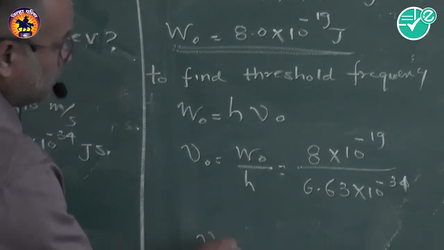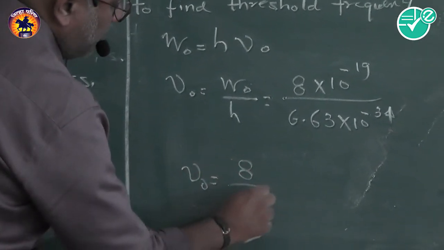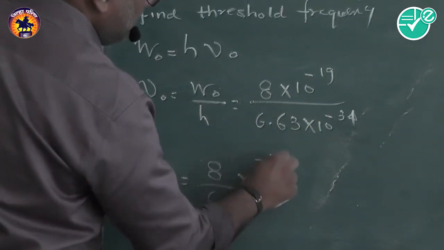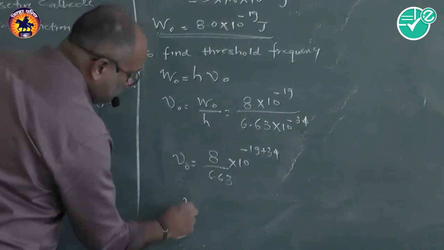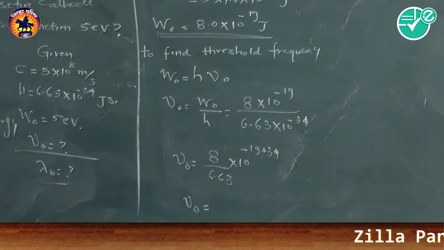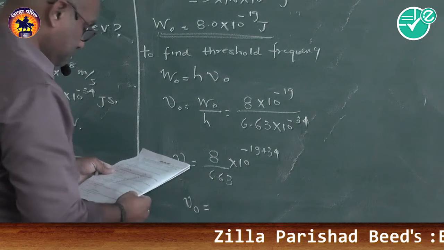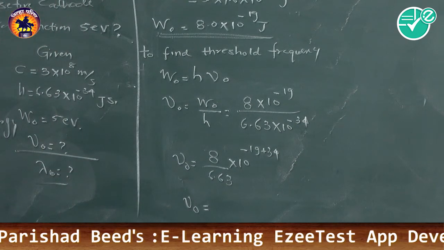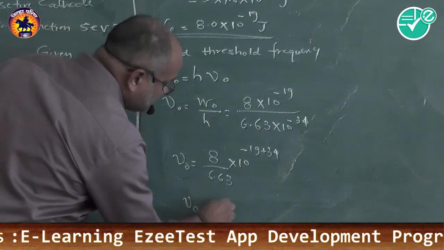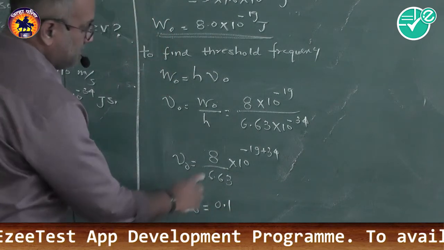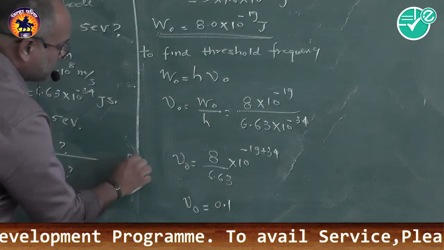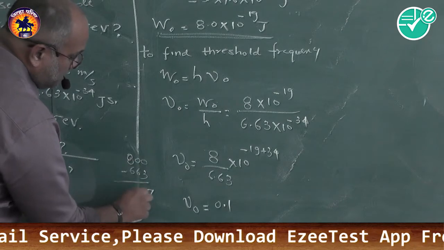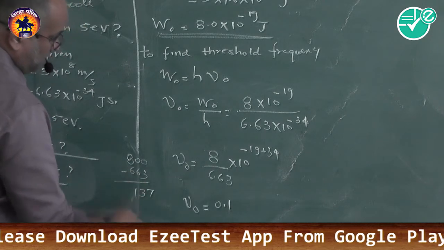So nu 0 is equal to 8 upon 6.63 into 10 raised to, it will come into the numerator. This negative becomes positive, minus 19 plus 34. So the value of nu 0 comes out to be, we'll calculate it out. That comes to 0.1, what must be remaining there? 800 minus 663, that is 7, then 3, then here 1.